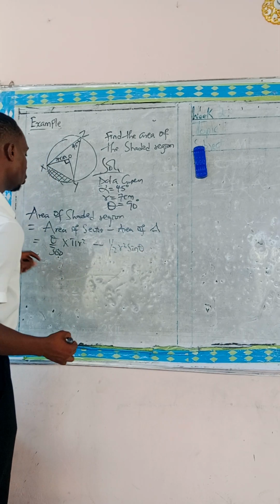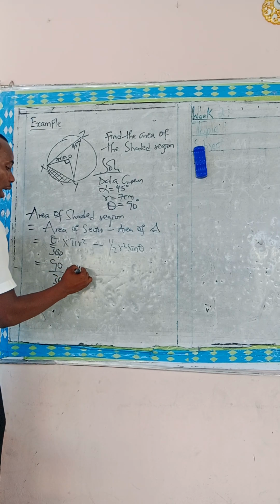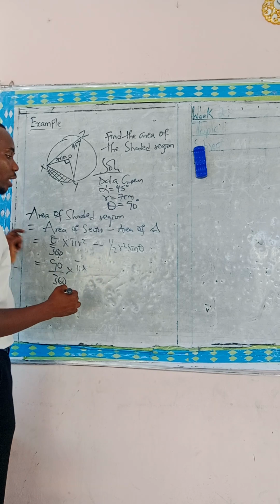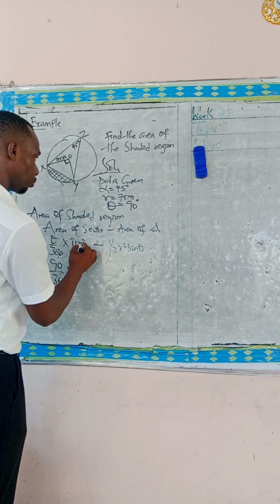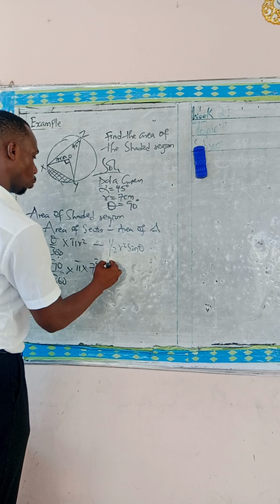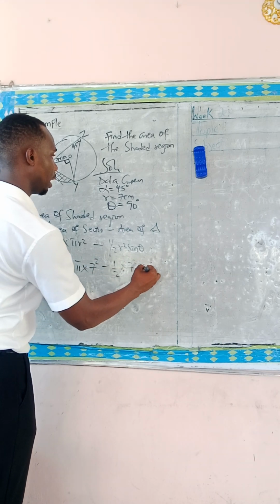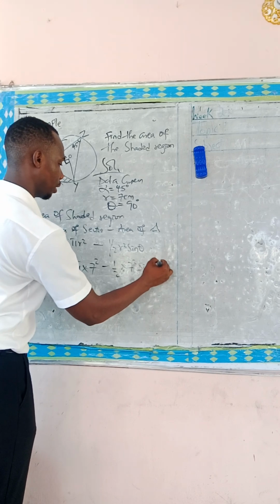So we can substitute the data given. You have 90 all over 360 times pi times the radius, which they gave us to be 7, squared, minus 1 over 2 times 7 squared sine 90 degrees.